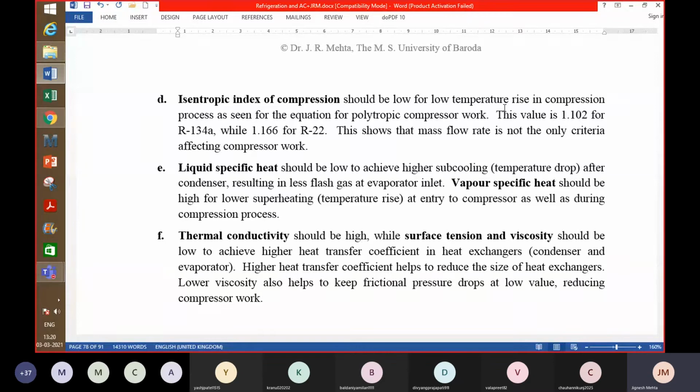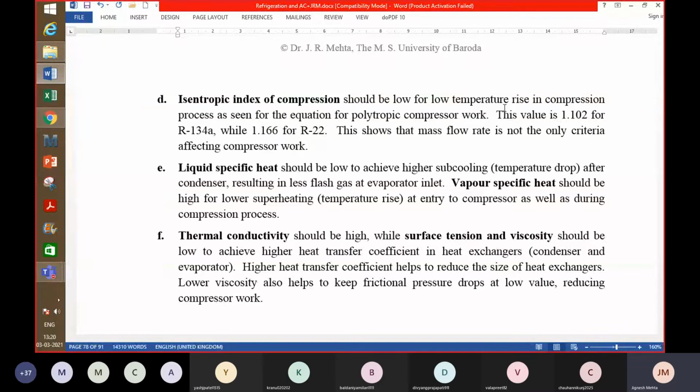Then liquid specific heat of the refrigerant should be low to achieve higher subcooling temperature drop after condenser, resulting in less flash gas at evaporator inlet. So you already know that the refrigerant coming out of the condenser ideally is saturated liquid, but in actual practice there is always some subcooling, and many times a separate subcooler is also provided.